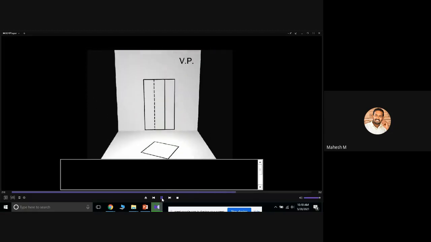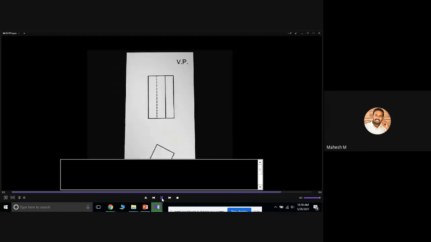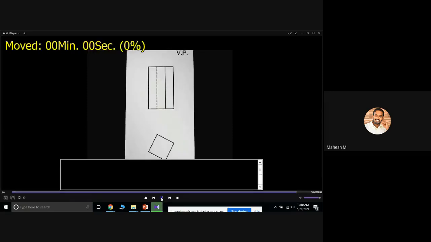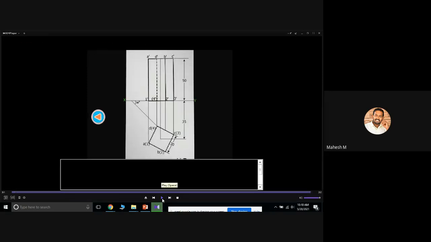So this is the top view. If you rotate your horizontal plane through a 90-degree angle, you can see this top view. So here in the top view, the rectangular face is 30 degrees inclined to VP.